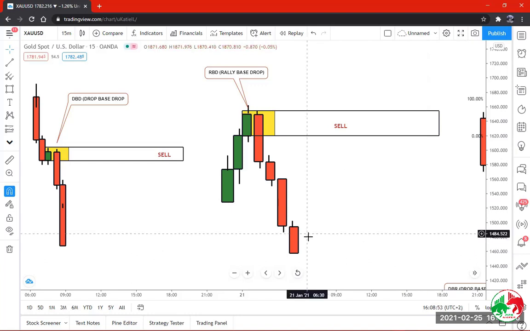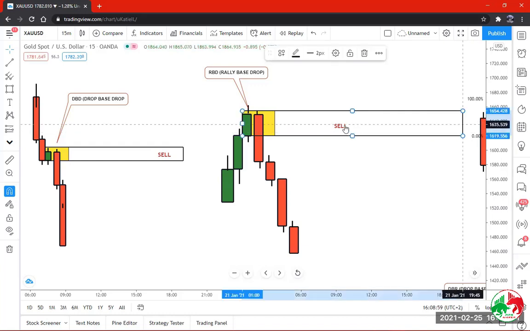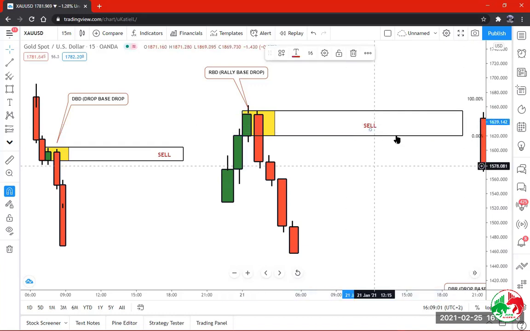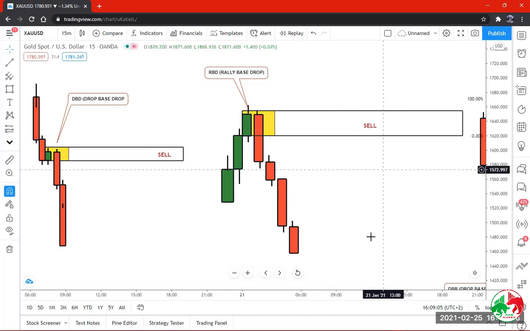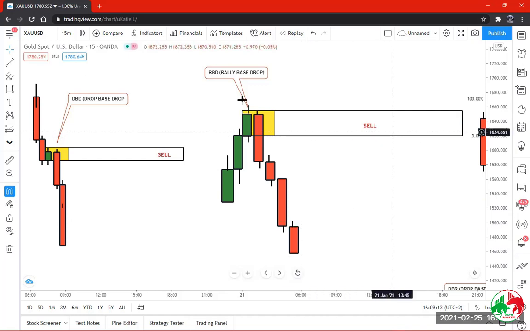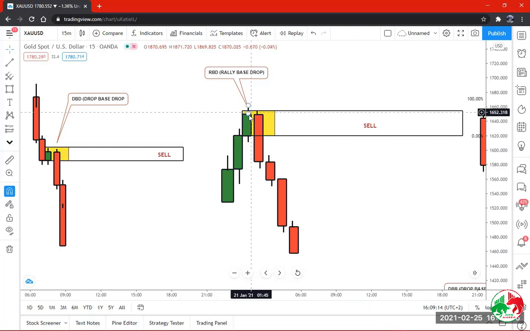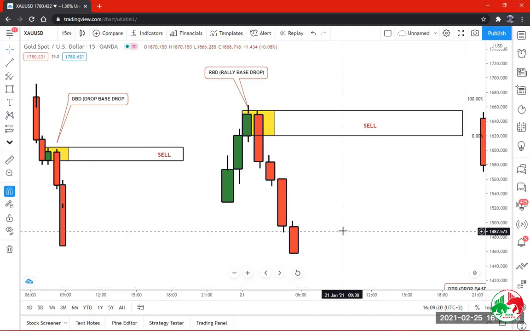People will think it's an uptrend, then make the mistake retail traders do, which is to buy into a supply zone and sell into a demand zone. So buyers will be trapped here. We wait for price to come back and test this level before dropping. This is a rally base drop.